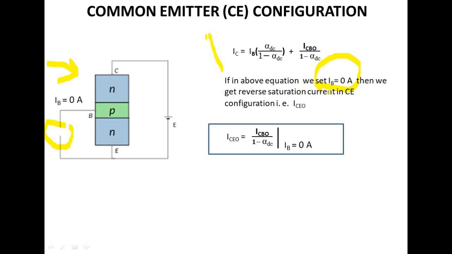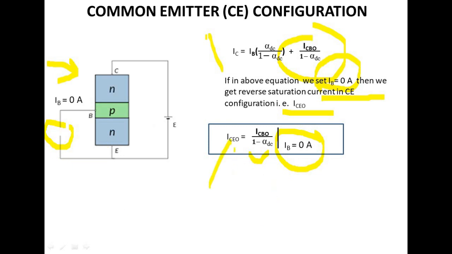So in the above equation, if we set IB equal to 0, then we get the reverse saturation current in common emitter configuration, that is ICEO. So ICEO will be equal to ICBO upon 1 minus alpha DC. The condition is that IB is equal to 0 ampere, that is, input terminal is open.